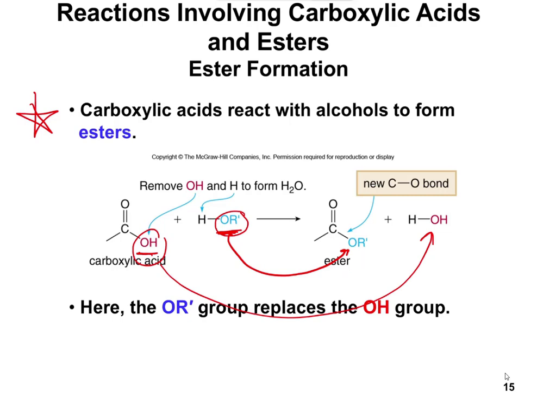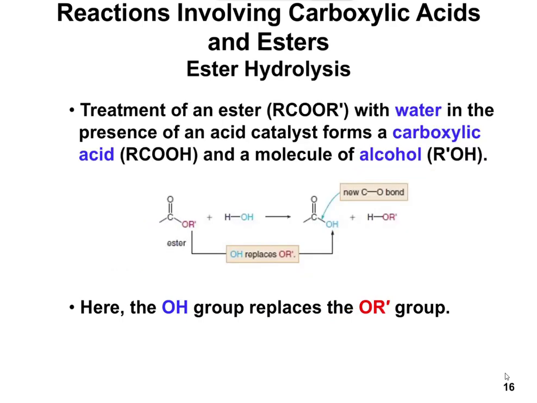So let's look at the reverse reaction of this. The reverse reaction is when you have an ester reacting with water to form a carboxylic acid and an alcohol. So again, it's the same reaction we looked at on the previous slide, except in this case, it's going to go backwards. Now, the one key to this one is the hydrolysis of an ester.